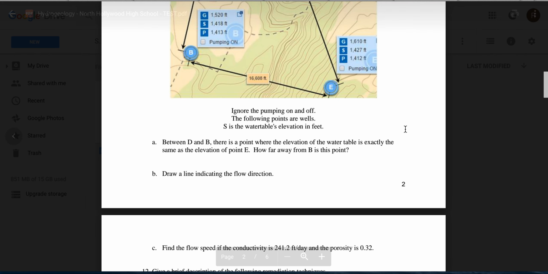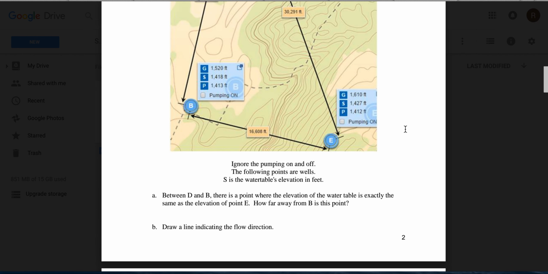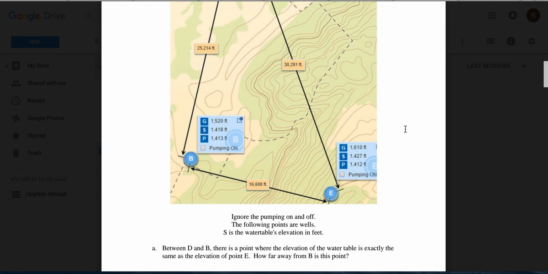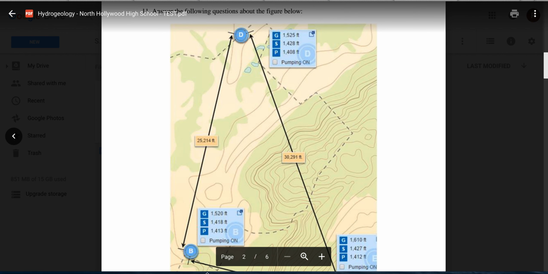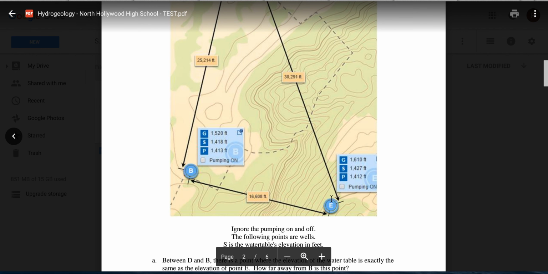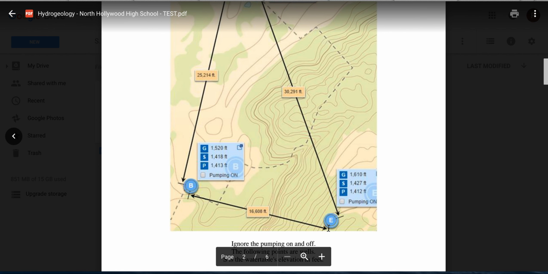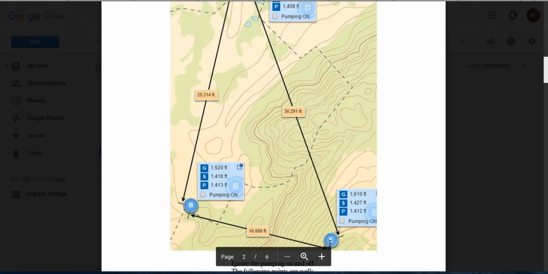Basically, what this is asking is: between wells D and B, there's a point where the elevation of the water table is exactly the same as the elevation of point E, and how far away from B is this point? So the point that we're looking at is between D and B, and we're looking at point E right here. The point would be right here in relation to well E, which is right there.